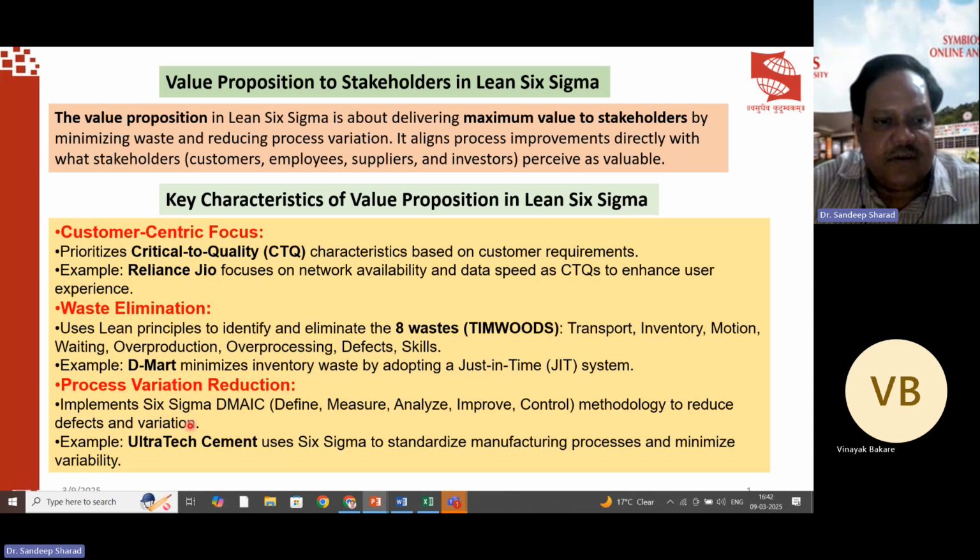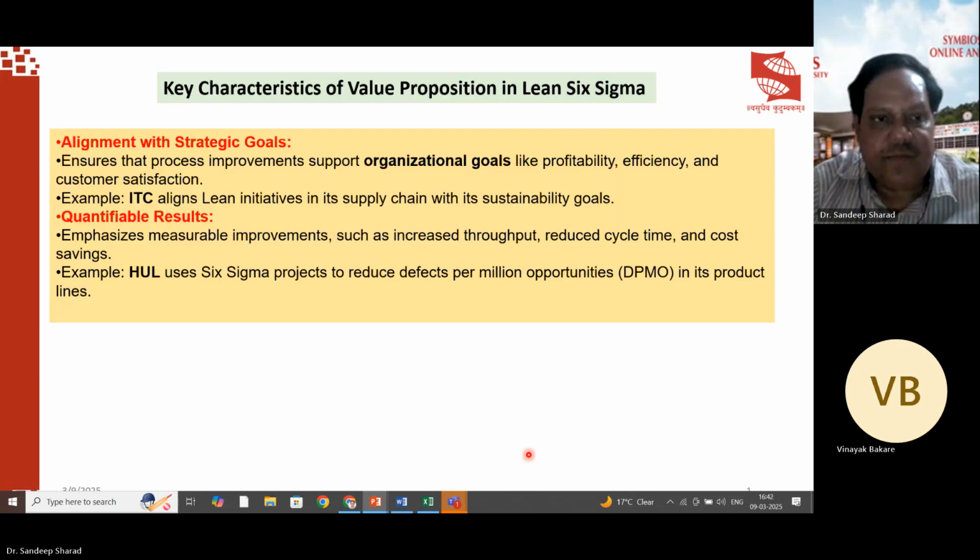Process variation reduction implements the Six Sigma DMAIC, define, measure, analyze, improve, control methodology to reduce defects and variation. Example, UltraTech Cement uses Six Sigma to standardize manufacturing processes and minimize variability. Aligning with strategic goals ensures process improvement supports organizational goals like profitability, efficiency, and customer satisfaction.